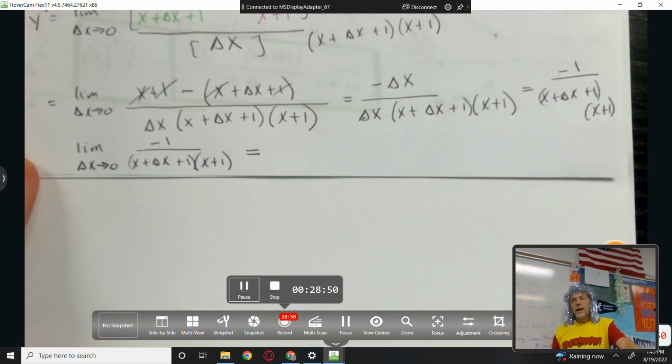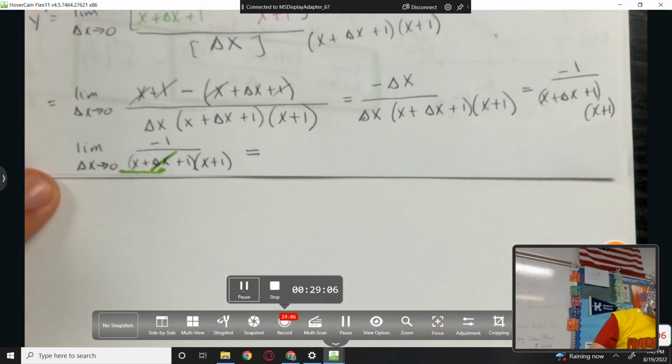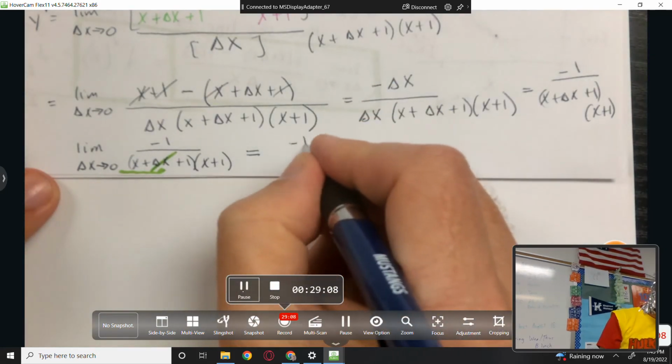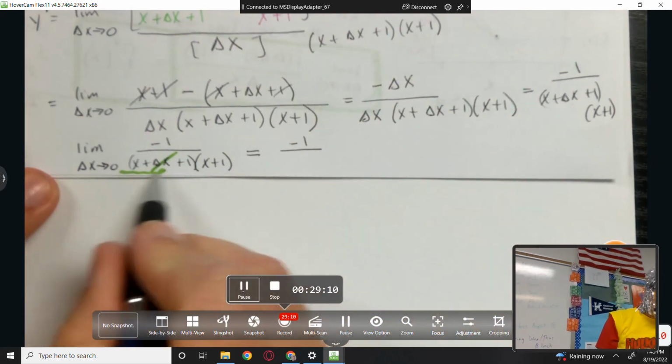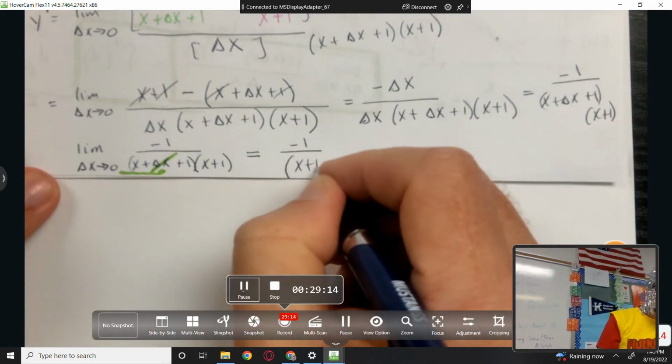Yeah, if you do all the algebra right, that's a big if. If you do it all right, when you get to the second attempt at substitution, things go pretty well. Because if I plug in 0 for delta x, I think that just goes away, and I'm left with negative 1 over, well, I got 2 of them, so I'm just going to write it as x plus 1 squared.